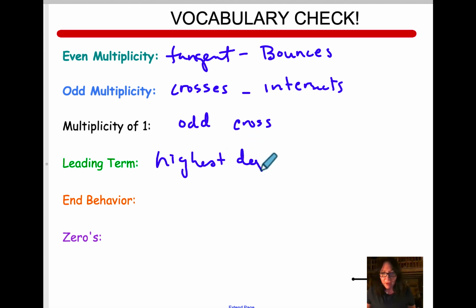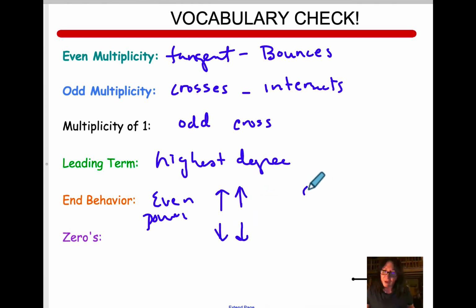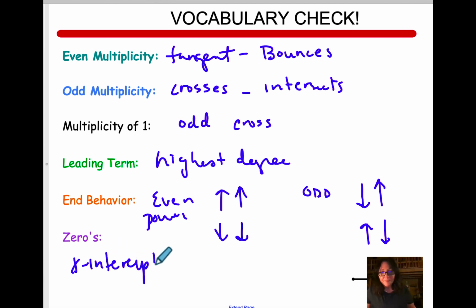End behavior is based on if the power is even, then the graphs are going to go up, up, or down, down. If the power is odd, the graphs are going to go right arm up, left arm down, or right arm down, left arm up. And zeros, all those are x-intercepts. That's what that is. Okay?